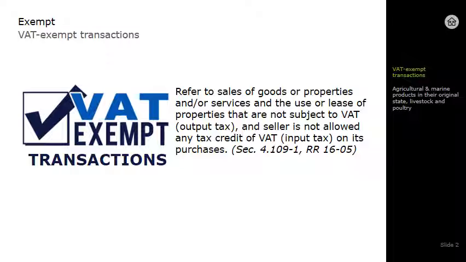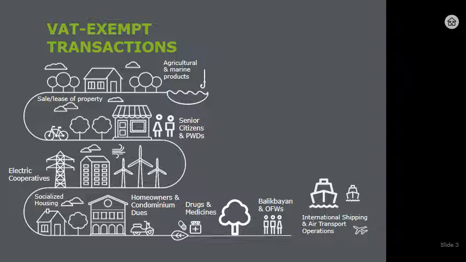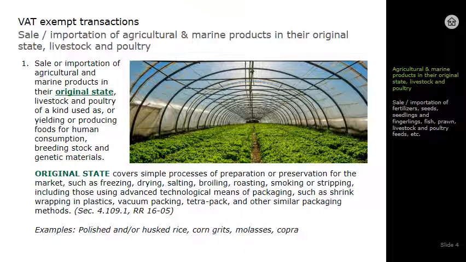Okay? So, let's now begin with the first in the enumeration. The sale or importation of agricultural and marine products in their original state. So, what are the important words that you should remember with regard to this?